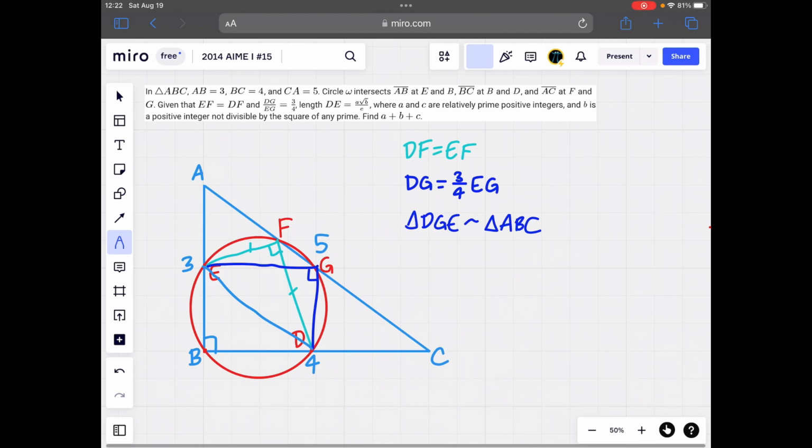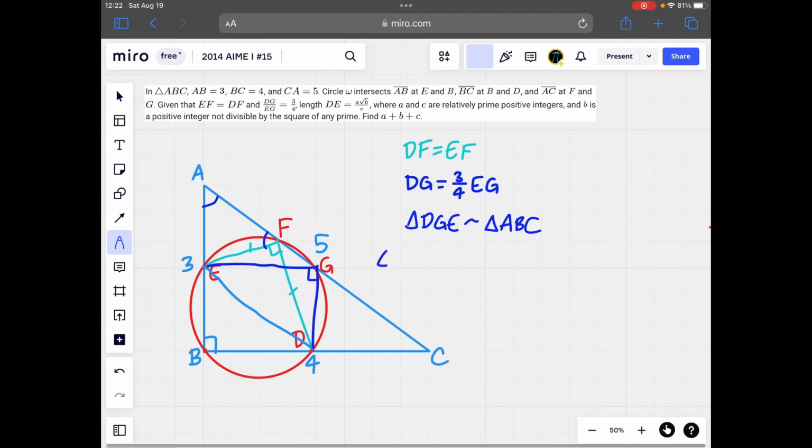So now let's do some angle chasing. It looks like triangle AEF is isosceles. So let's try to prove or disprove that triangle AEF is isosceles. Well, we have angle A here and angle AFE here.